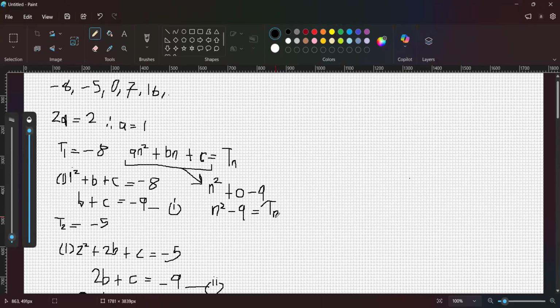Did you get it now? Yes, sir. So I think the main thing is, once we establish what A is, all we now need to do is to look for the general formula, put in the A, and then find the other ones using simultaneous equations, then come back to the general formula and slot in the values for B and C and A. So, do you understand the steps involved now?